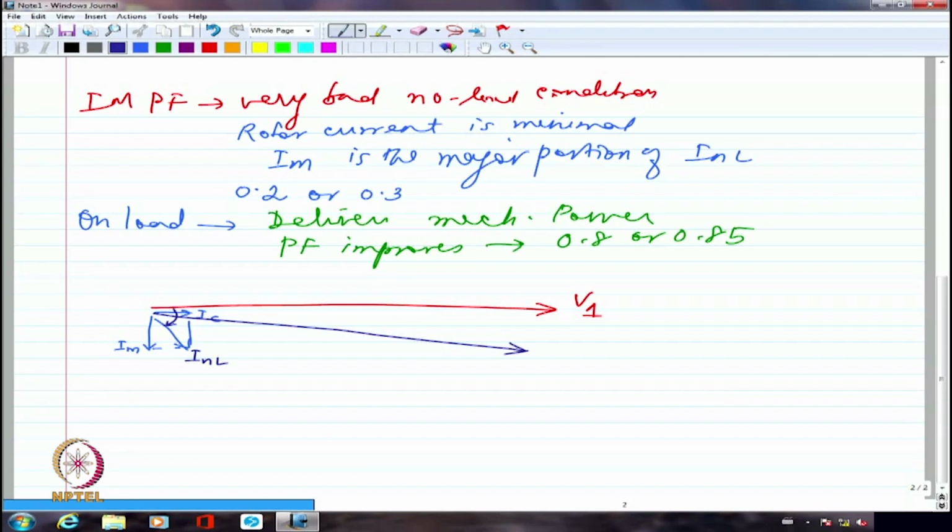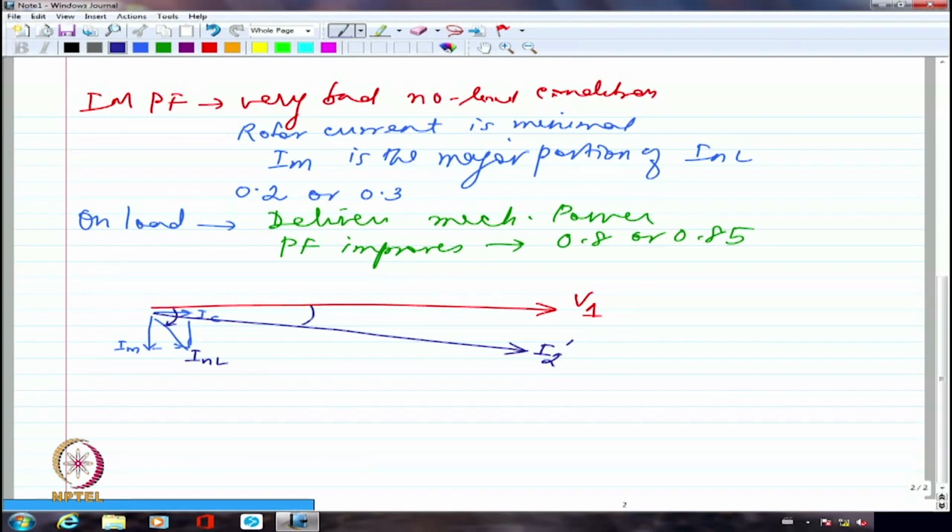I can't ignore X2 dash. The overall impedance of the rotor circuit becomes R2 by S plus jX2. So very clearly it is inductive in nature. So depending upon how much is the leakage, I am going to have I2 dash lagging behind by some angle, depending upon how much is my leakage reactance.